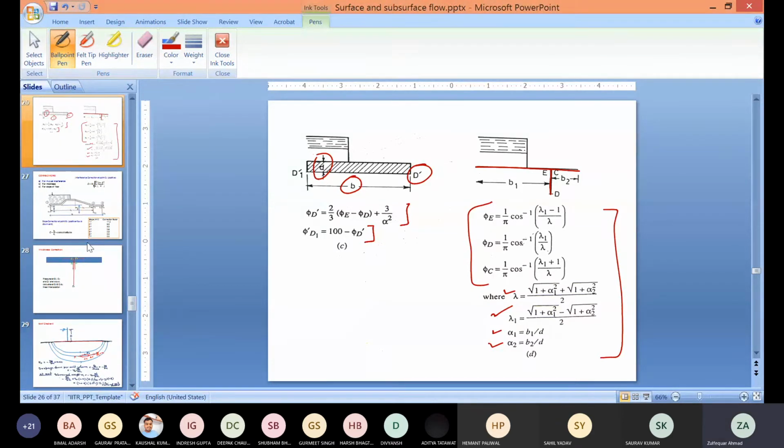Sir, from which point do we take the B1 or B2? Means up to which point? You see, let me explain here. I discussed with you this method of independent variables. Here, this is the horizontal floor, and this horizontal floor is having negligible thickness, right?